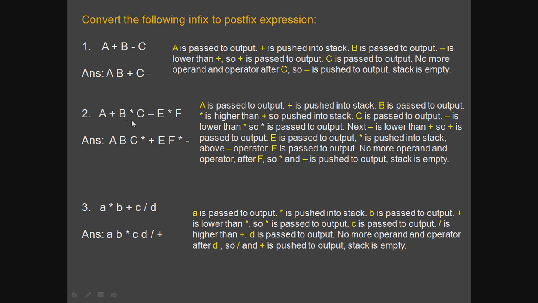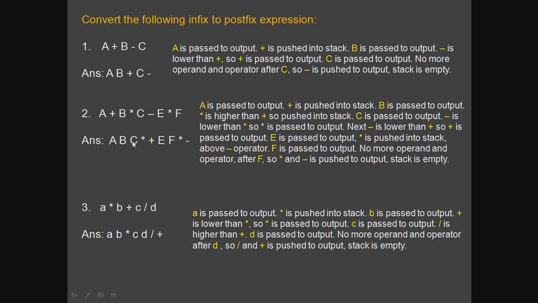Now the star symbol, the multiplication symbol asterisk, is compared with plus. Since star is higher than plus, it is pushed into the stack on top of plus. Next, c is read and passed to the output.